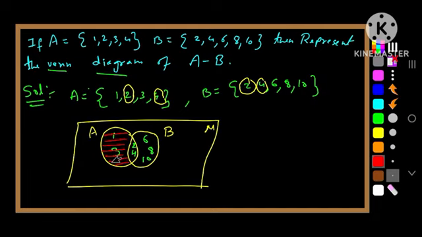Only this part. So this is the answer, that is A minus B is equal to this shaded region. So this part will be our A minus B. So like this you have to show the Venn diagrams.